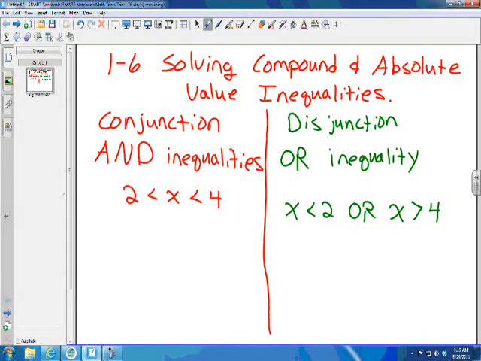The conjunction is put together as one. So if you were to graph this one, the disjunction, put 0 in the middle. Oops, 0 in the middle. I was thinking it was negative 2. So there are our two values, 2 and 4.